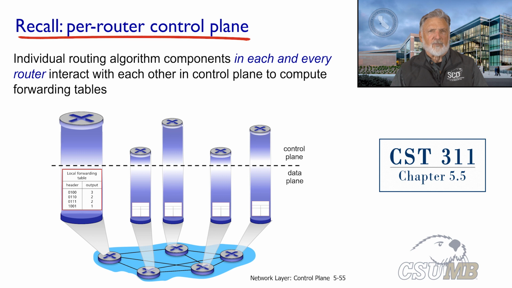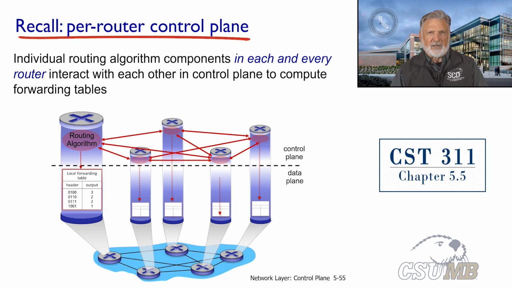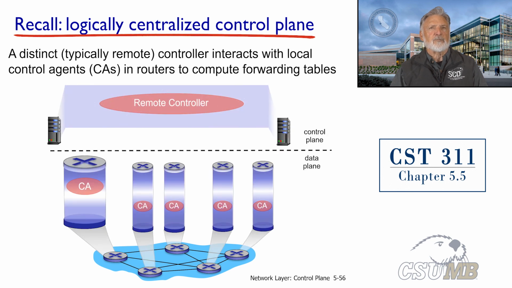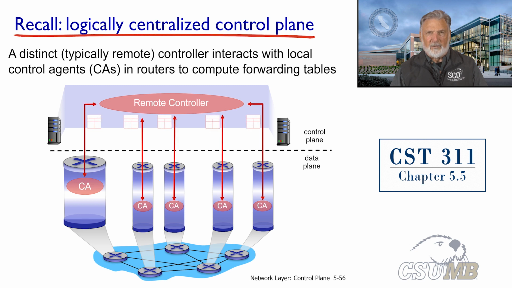Each router runs the routing algorithms. Network routers interact with each other so that each router can compute the forwarding tables. The second slide shows that routing algorithms are running in a logically centralized controller. The controller is interacting with control agents in the individual routers to compute the forwarding tables for all the routers.